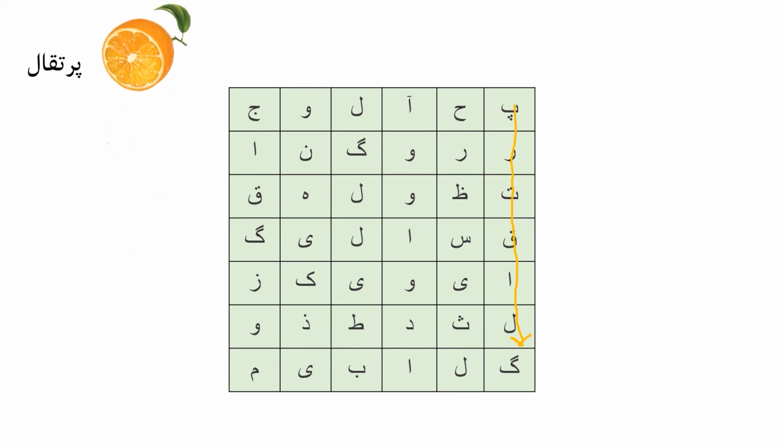The next word is kiwi. Kiwi is from left to the right. Kiwi. As its English word, kiwi. And that's the photo. The next word is holu. Holu.